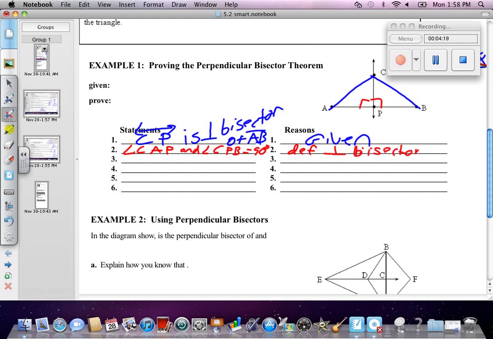We know that they are congruent to each other: angle CPA is congruent to angle CPB by definition of right angles. And we know AP is congruent to PB. This is also by definition of a bisector.